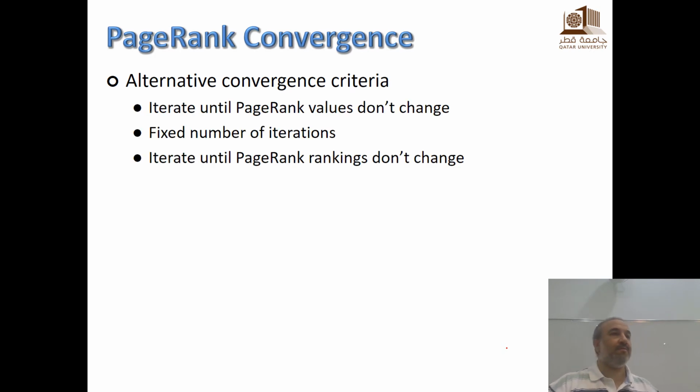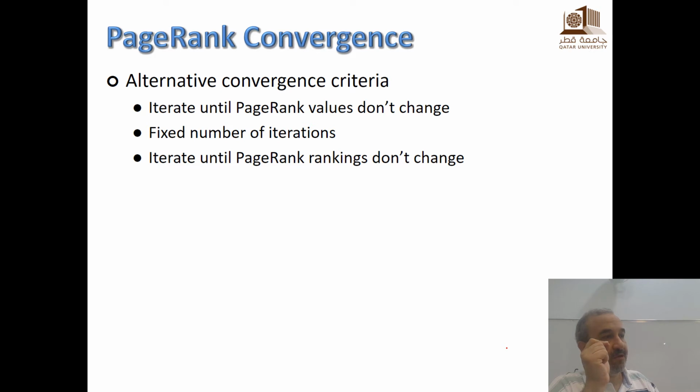When should we stop? Very similar to what we did earlier, right? We stop when the PageRank scores do not change. Of course, there are alternatives. We can fix the number of iterations if we have a fixed time. Sometimes we stop not exactly when there is no change, but when the maximum change is very small.